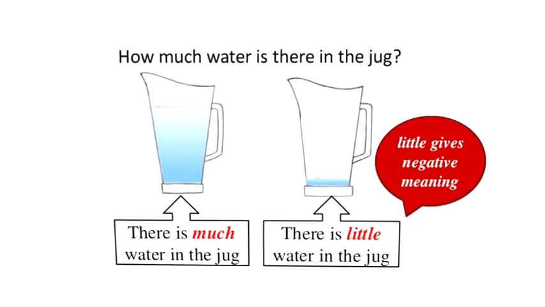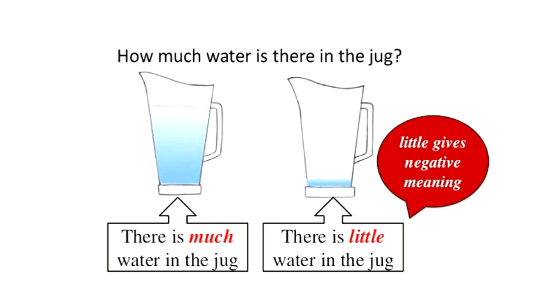Alright? How much water is there in the jug? You can again see there is much water in the jug. In the first picture we can see the water is really too much. Right? It's enough. So the word much is adjective of quantity. But in the second picture we can see that water is very less. So there is little water in the jug.